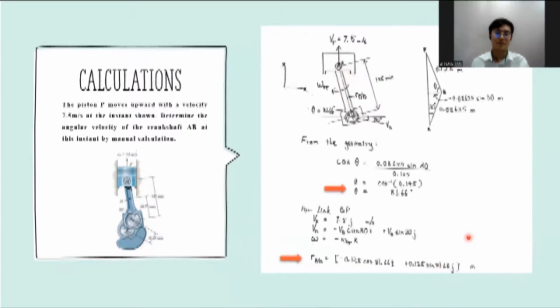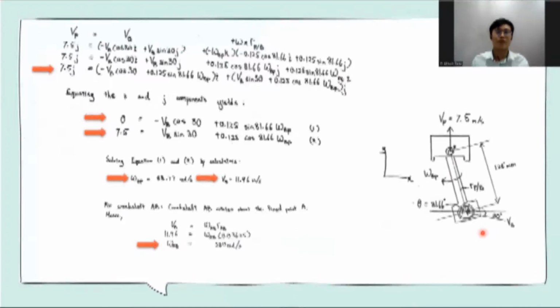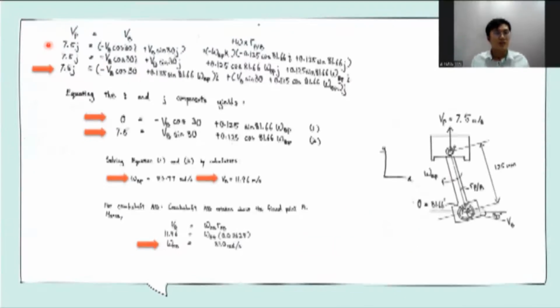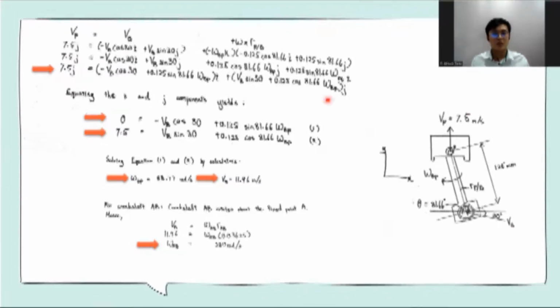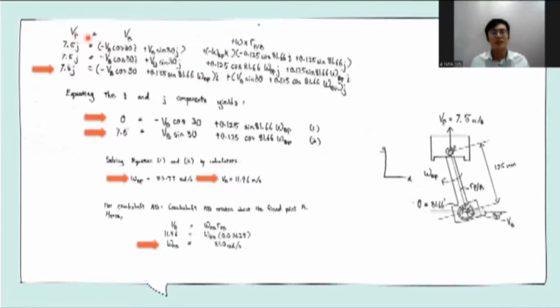So from this free body diagram, we know that VP is equal to VB plus omega multiplied with r PB.